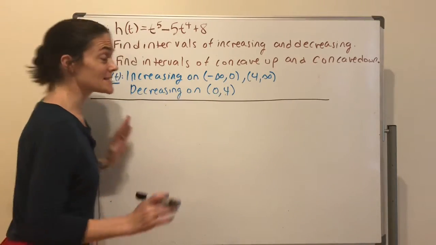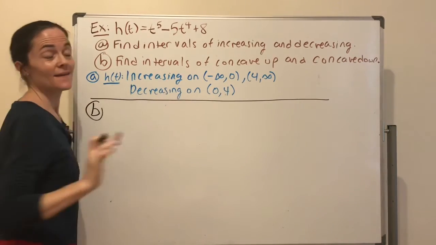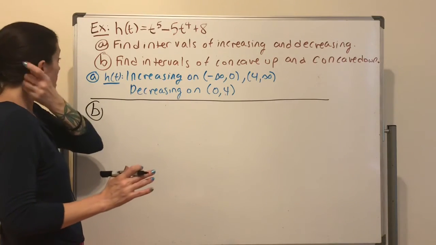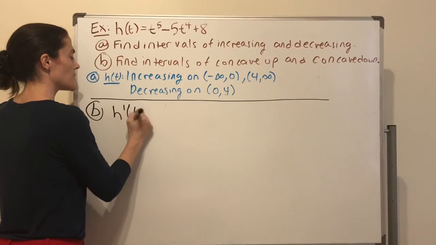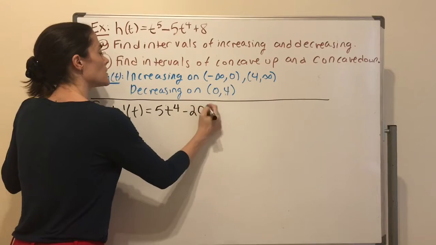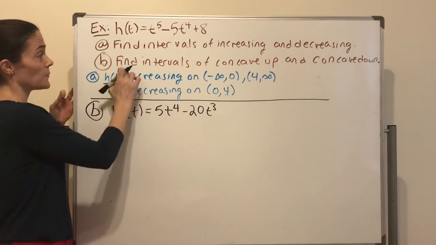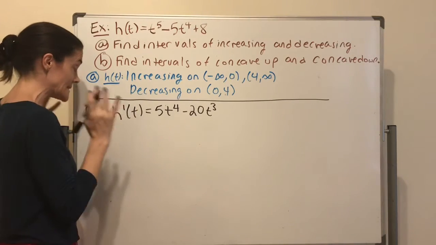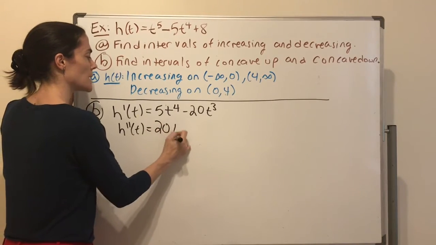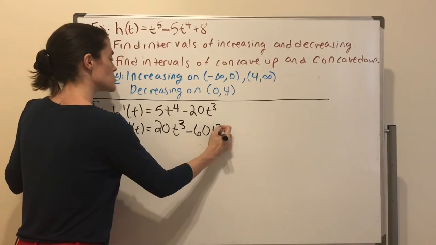I have erased so that we may work B, but I recopied what we calculated for part A, the increasing and decreasing. Okay, and then I probably should have kept the derivative, but I can calculate it quickly. This we had for h prime of t. Now I move into B, concave up and down. I need the second derivative. So I differentiate the first derivative, 20t cubed minus 60t squared.